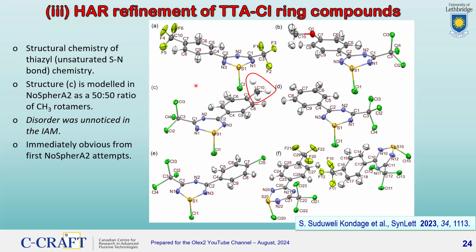Yet when we put it into NoSpherA2, this immediately blew up because none of these hydrogens had enough electron density to refine properly for 1H. And so we went back and we improved the model, set up this disorder and refined it with a 2-component disorder rotation, and then it flew beautifully through NoSpherA2.